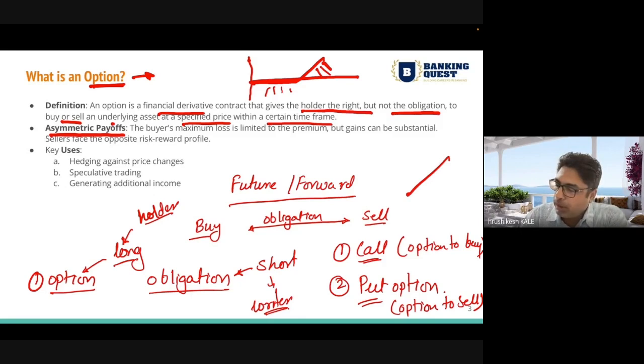What are the uses? It is used to hedge against price change. It is used in speculative trading. And with the help of that, you can generate additional income also. How you can generate additional income, and how it is used for hedging, we are going to see in the chapters to come.